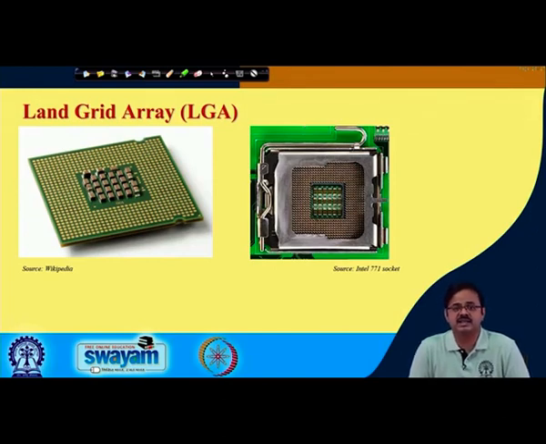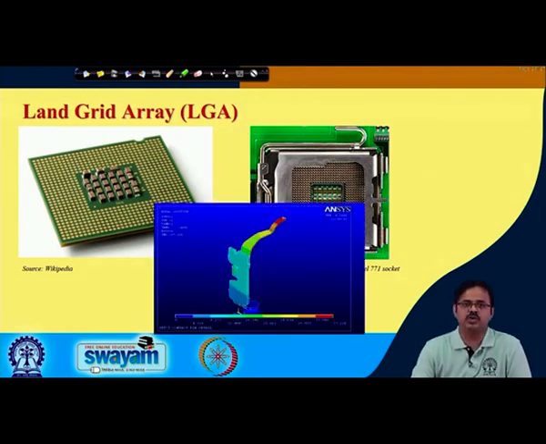Now, how does this connection happen? The next picture I am going to show you is one connector coming out of the socket. This is an FEA, finite element analysis. What you see coming out of here is one of the lands, and this is one configuration.